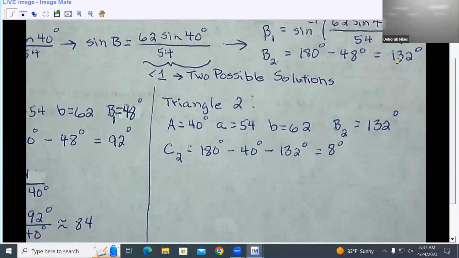And by answer, you mean answer for what? Angle C. If angle C turned out to be negative, well, I can't have a triangle with a negative side.